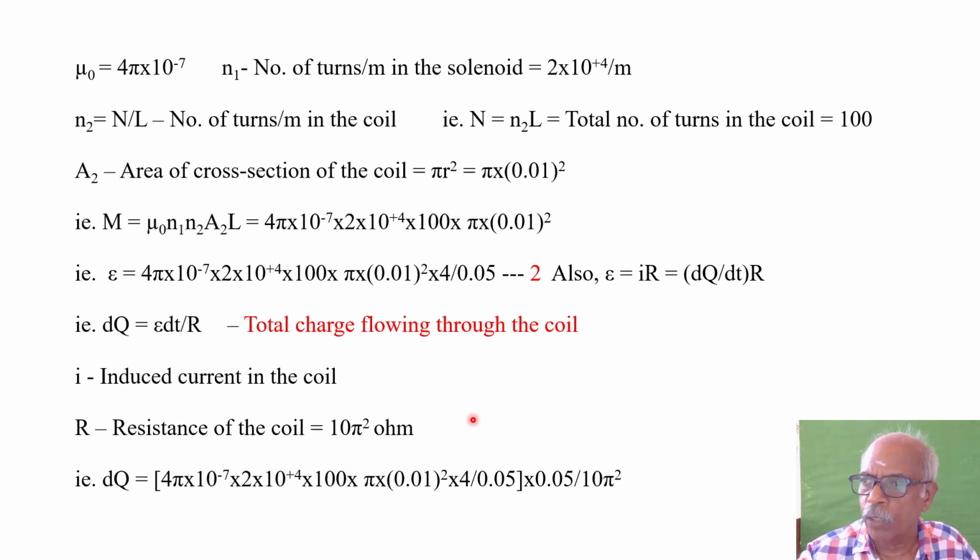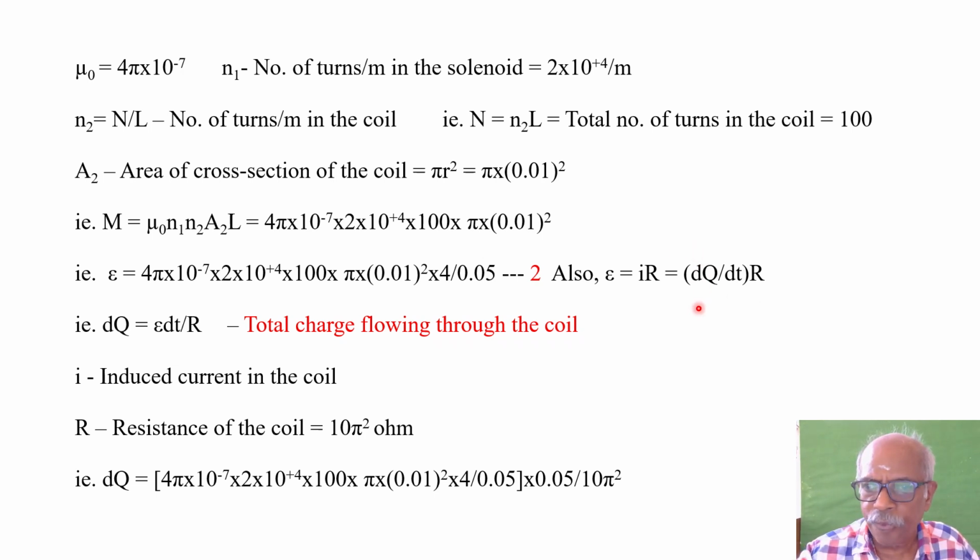Okay, let it be. What is I? The induced current. What is the definition of current? The rate of flow of charge. What is the expression for the rate of flow of charge? dq by dt. So E is equal to IR, that is equal to dq by dt into R. So actually this dq is the answer for our question.